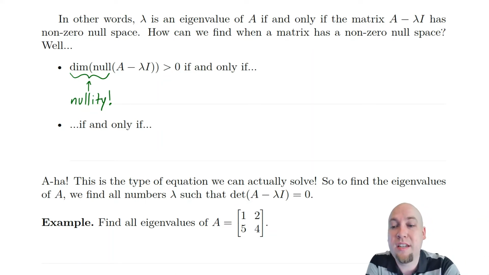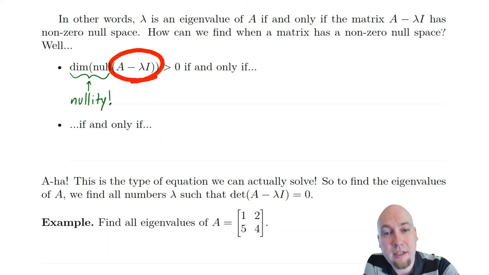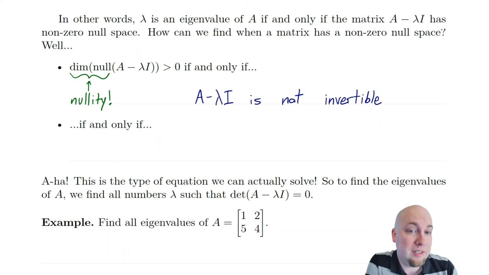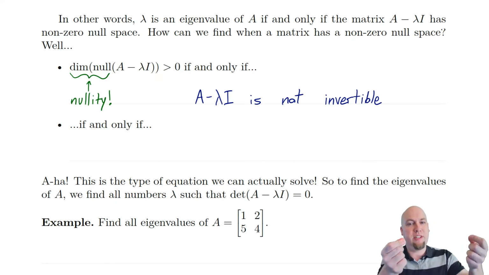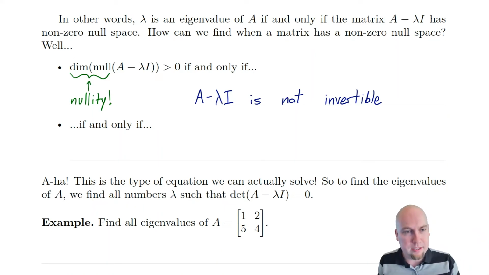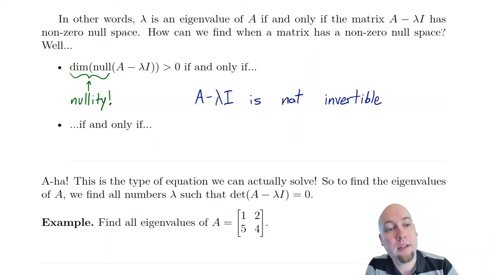In other words, the nullity of this matrix is at least one, which is equivalent to saying that this matrix is not invertible. Remember, we went through all these characterizations of invertible matrices, and one of them was that a matrix is invertible if and only if its nullity equals 0. So a matrix is not invertible if and only if its nullity is bigger than 0.